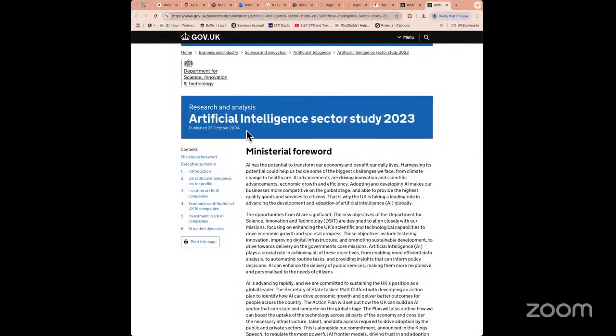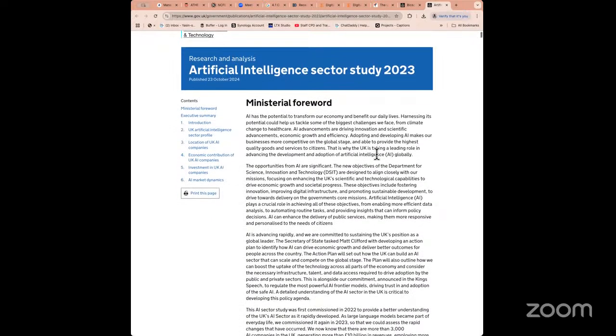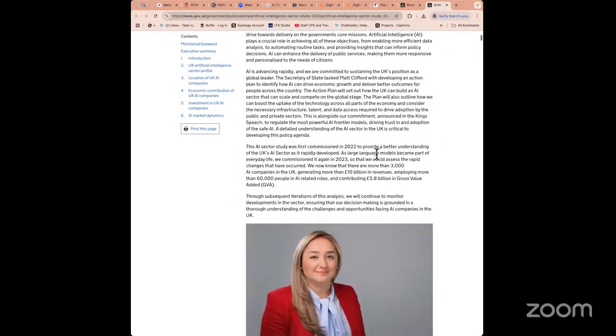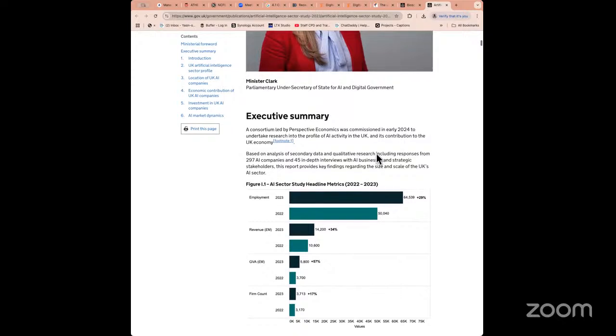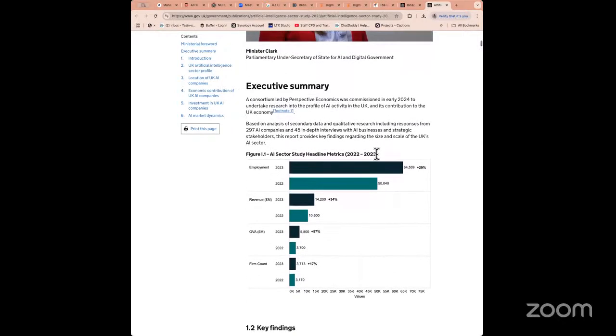And then there's a report on artificial intelligence, which was compiled by the government. This is a good summary report which talks about what the government is doing and where they see the integration of AI happening within the sector.